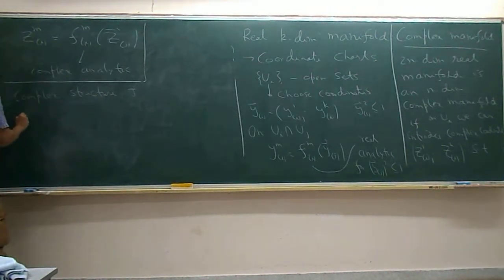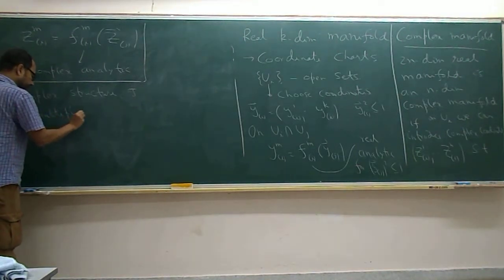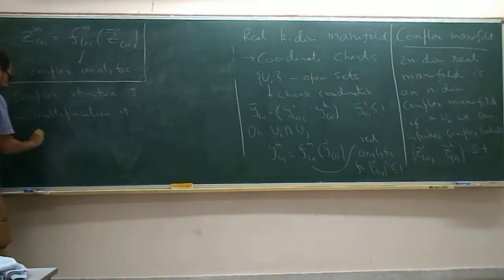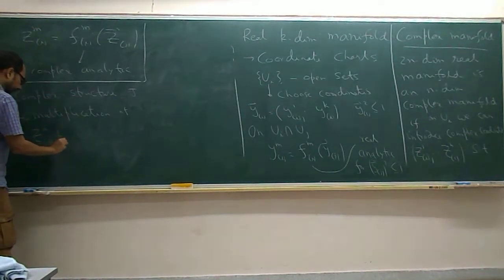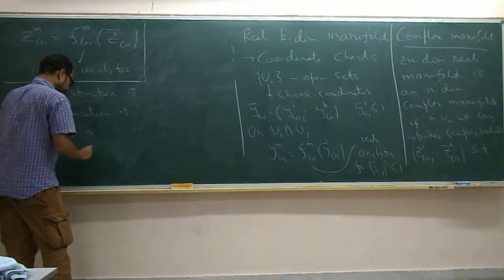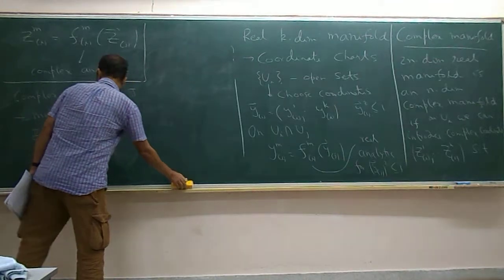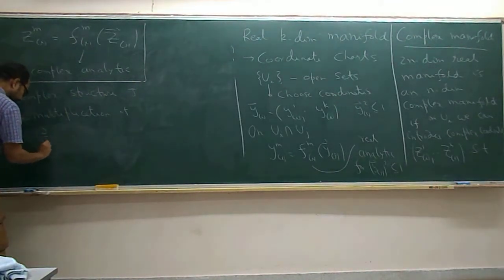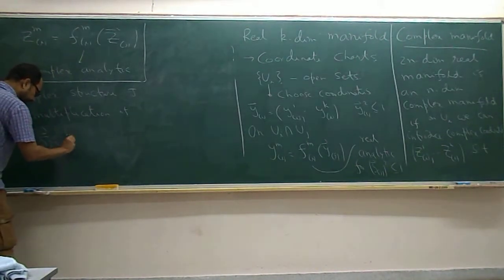This effectively corresponds to multiplication of Z by i, or equivalently, on the tangent space, ∂/∂Z_m^i by minus i.